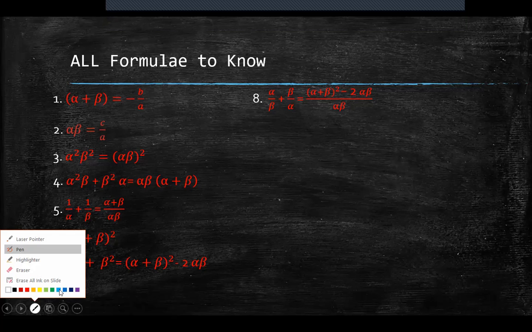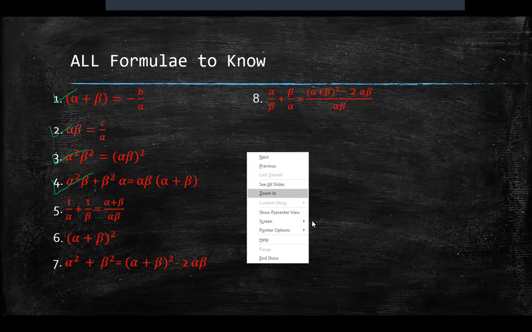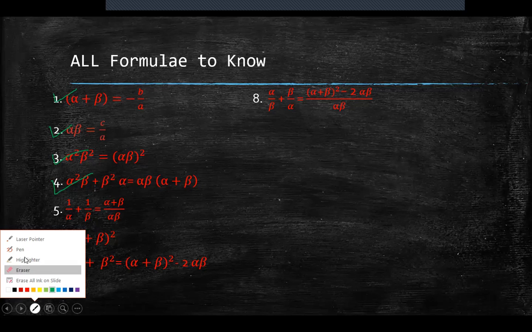Okay, so we finished 1, 2, 3, and we finished 4. So now 5. Hold on, let me just go through number 5 first. You can still see my screen, right? All right.